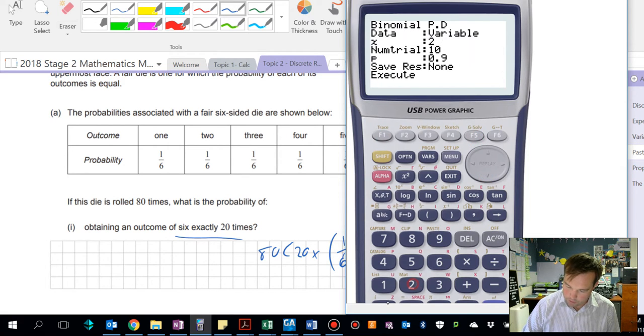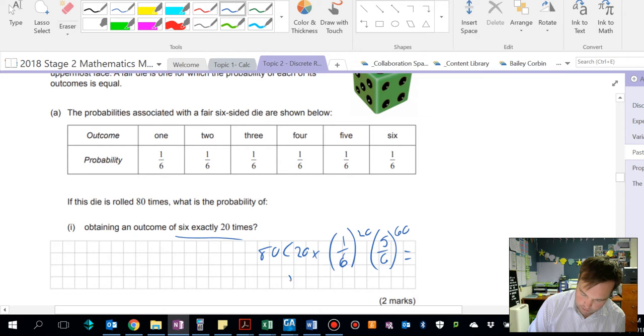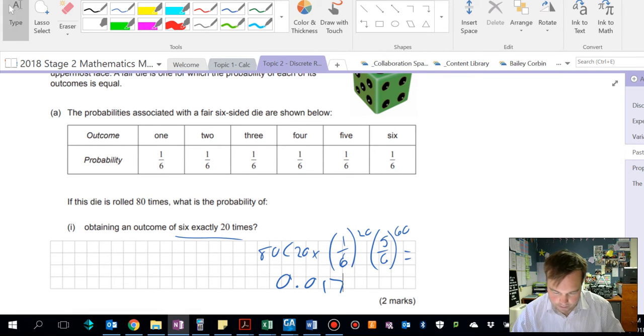We want 20 successes out of 80 trials, and the probability of a success is 1 divided by 6. We suspect this is going to be very small. Execute. 0.017. Alright, no worries.